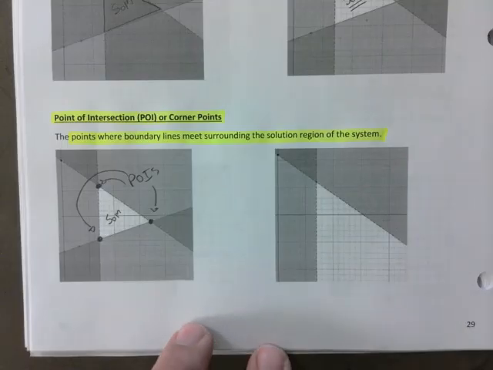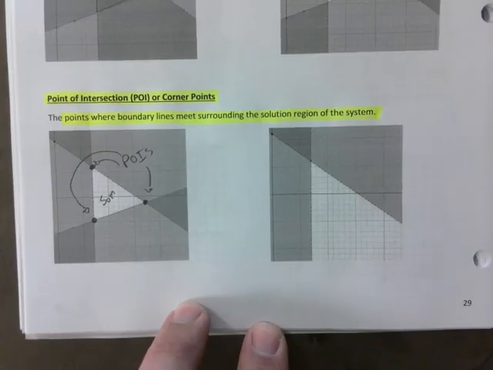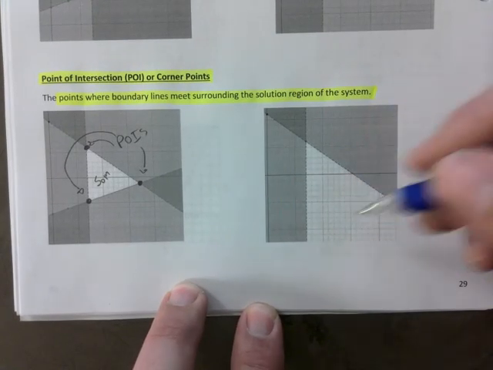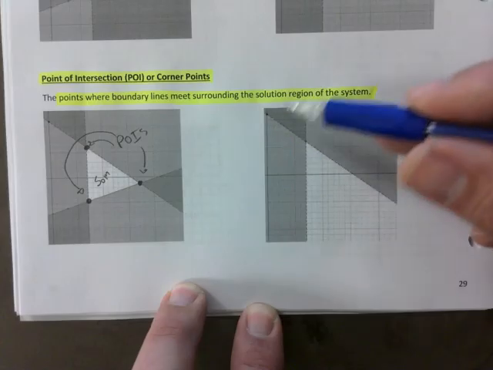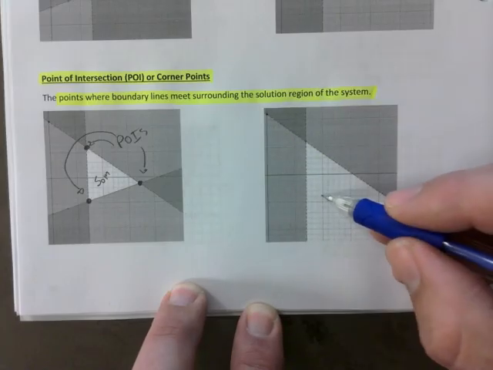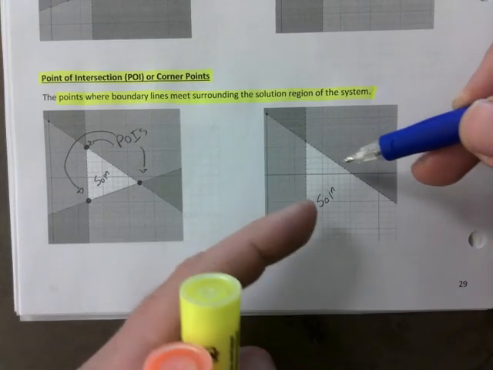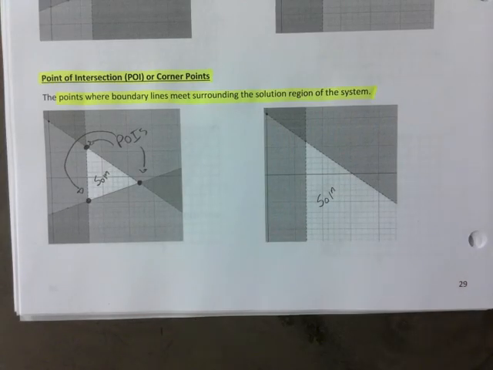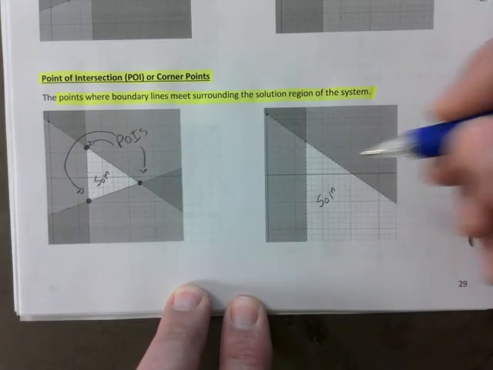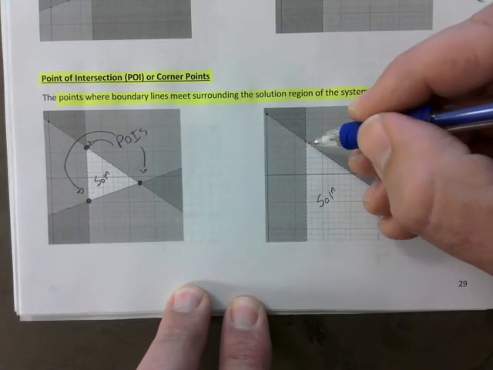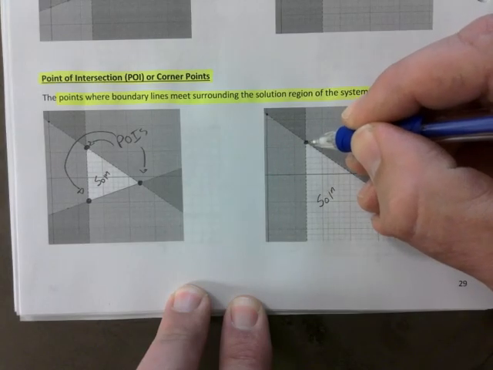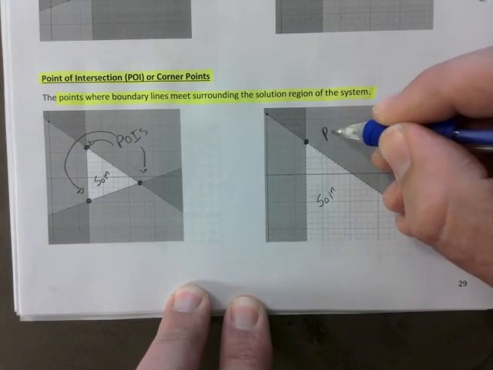And obviously we're using reverse shading, just making a note of that at this point. Where would be my solution region on this one? Right here. It's not contained in this case. It actually expands indefinitely. And so what's my corner point here, or point of intersection? There's just one POI.